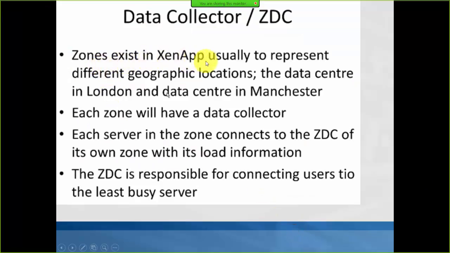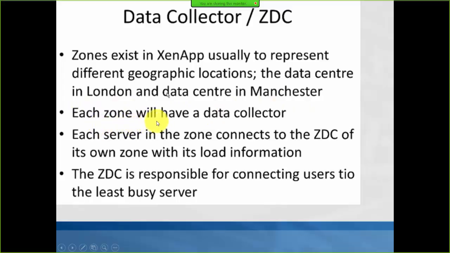Zones exist in XenApp usually to represent different geographic locations. So if we had XenApp servers in Toronto and in London, there would be a zone for Toronto servers and one ZDC or zone data collector, and then the next set of servers in London would have their own ZDC.